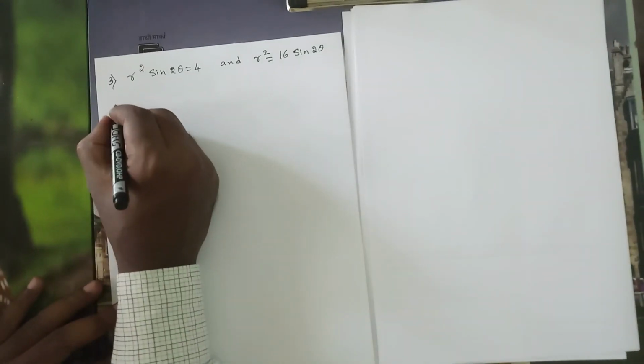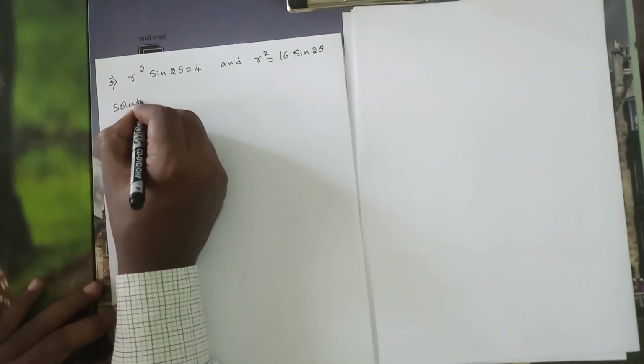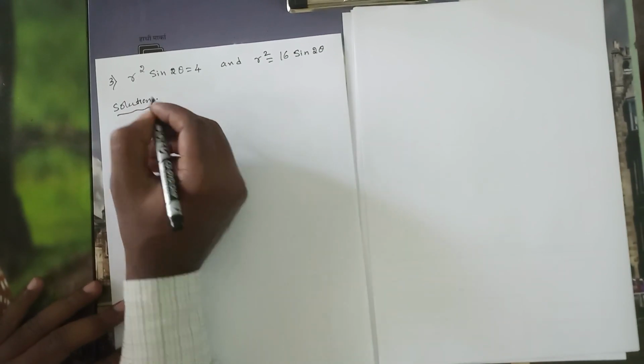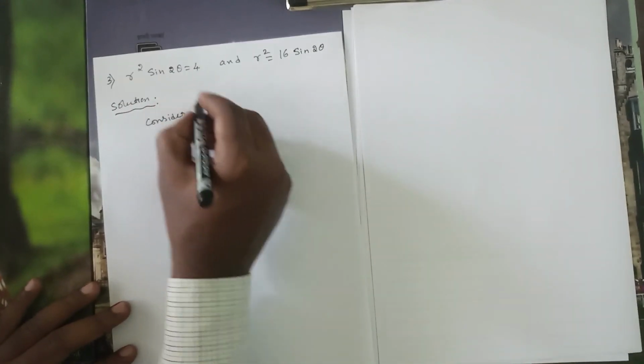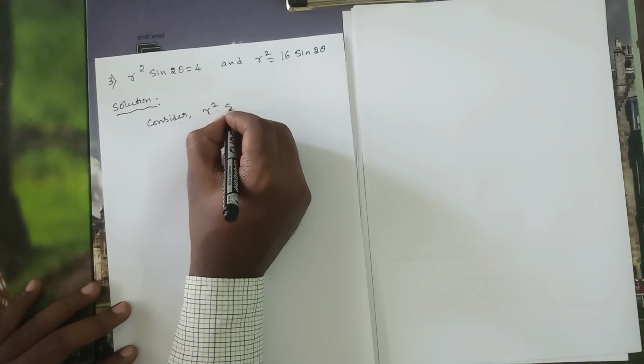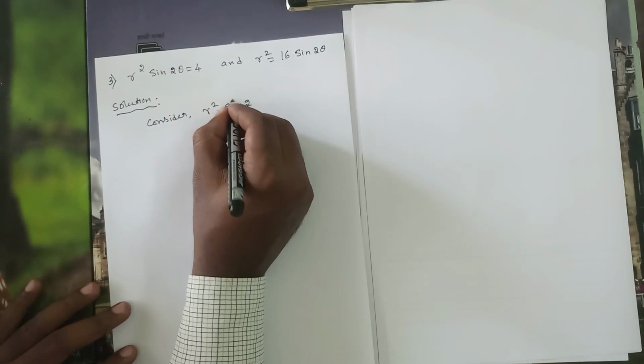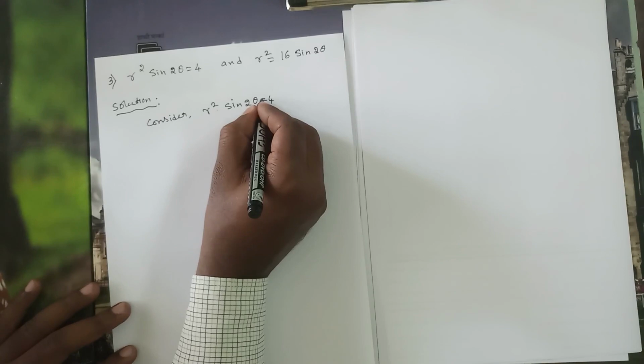So here the solution: I will first consider the one curve, r square sine 2 theta equals 4.